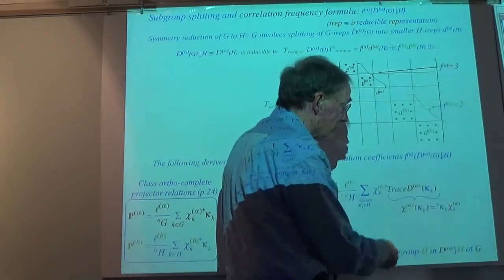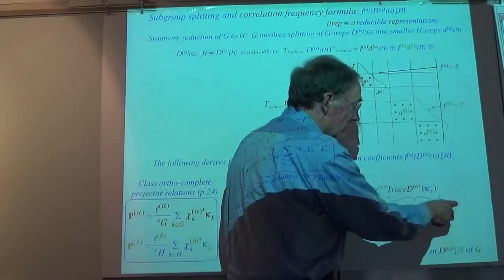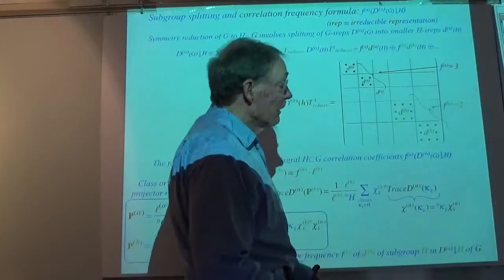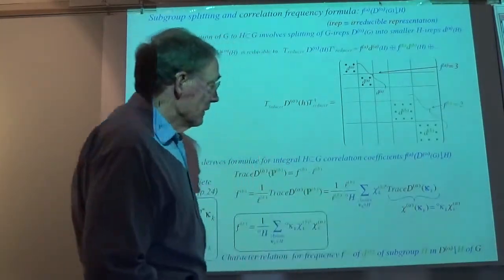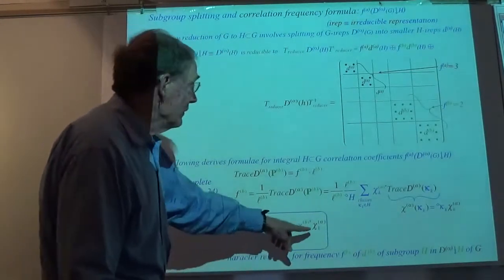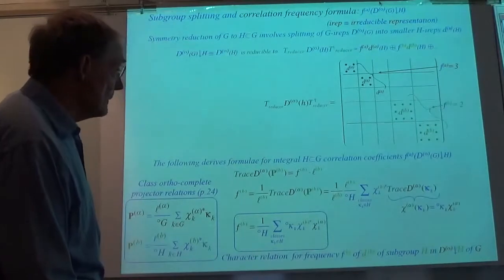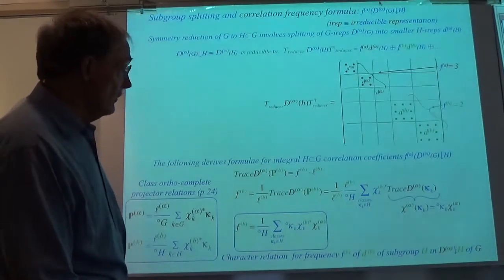So this is just the order of the class multiplying the character for the particular class K. That's the formula we're going to make use of to do an atomic splitting to D3 symmetry.